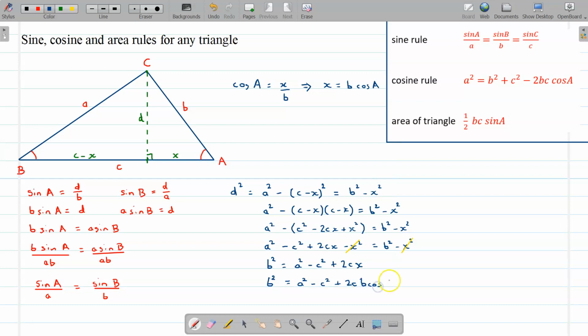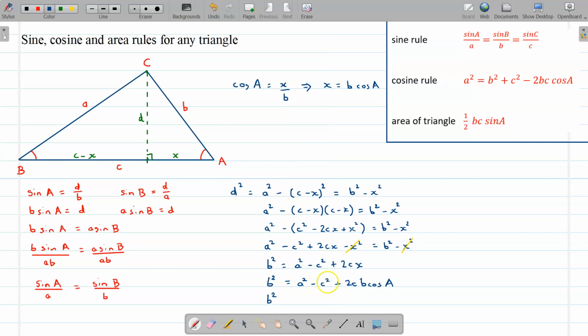Now, it's not quite looking like the cosine rule as you know it, but it's about to. All right, because what I'm going to do now is just rearrange this formula. I'm going to leave the a squared on this side and put everything else on the other side.